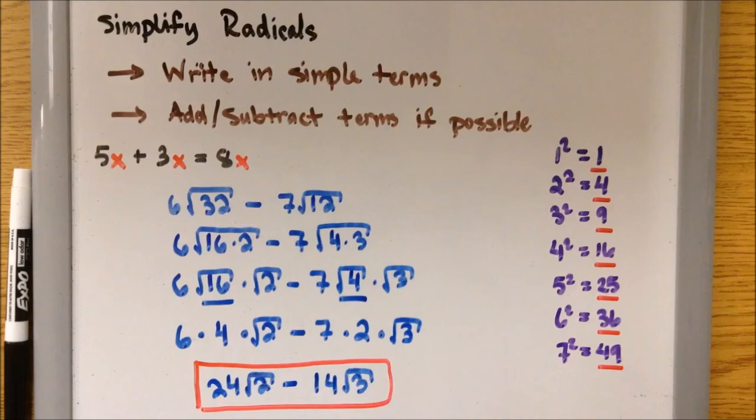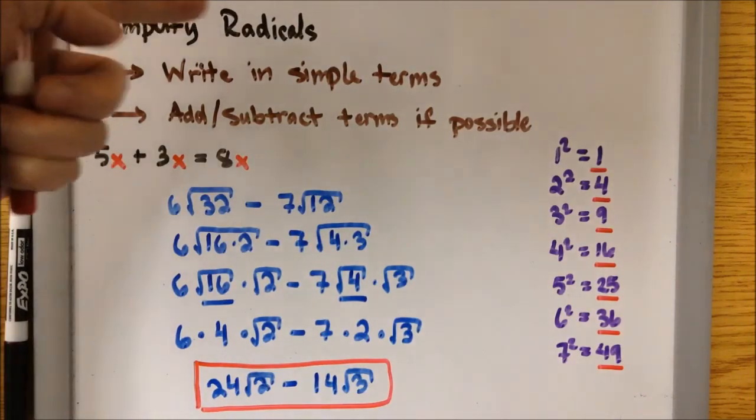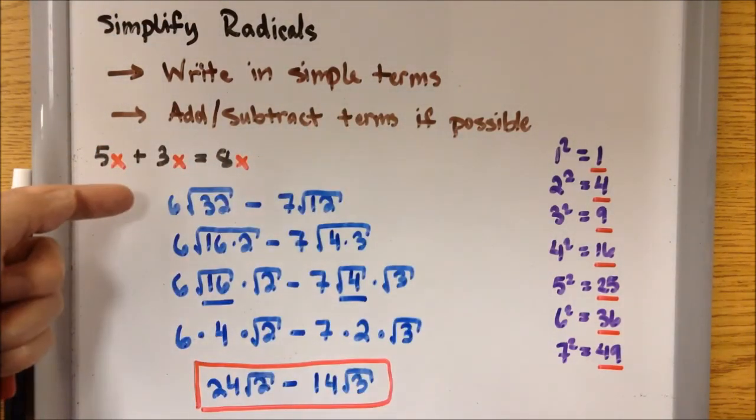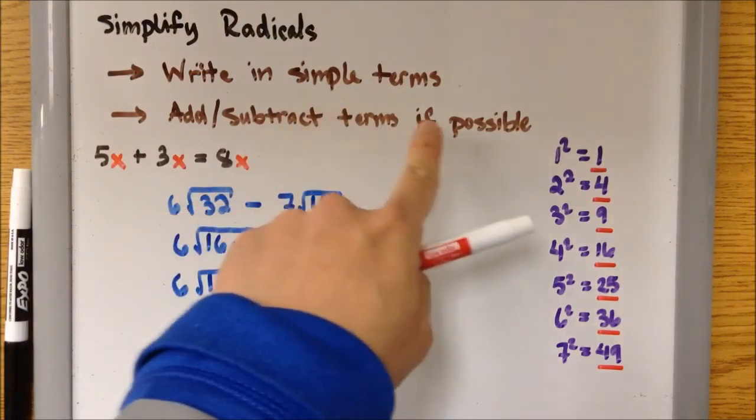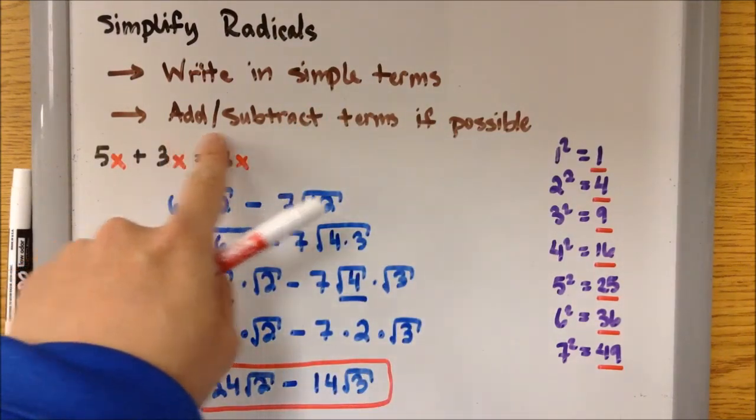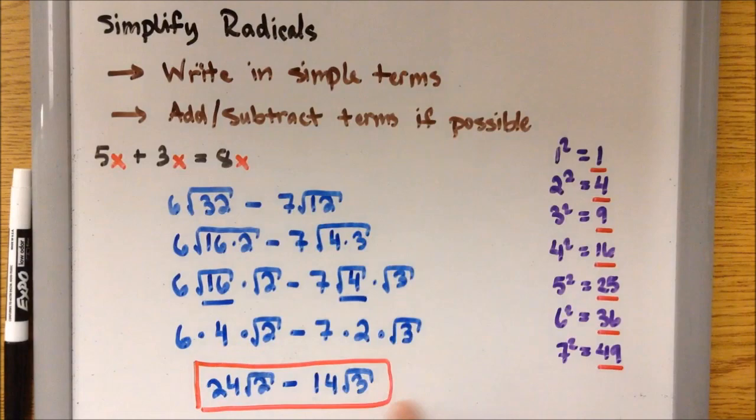So again, when it's coming to simplifying radicals, write in simple terms. The only thing that we did here was just write in simple terms. Here, add, subtract terms if possible. Well, it was not possible to combine them by adding or subtracting. It is just like if I were to ask you, can you combine 3x plus 4y?